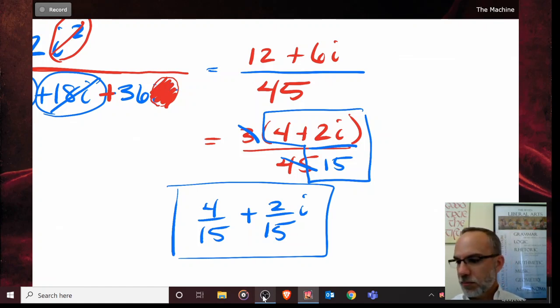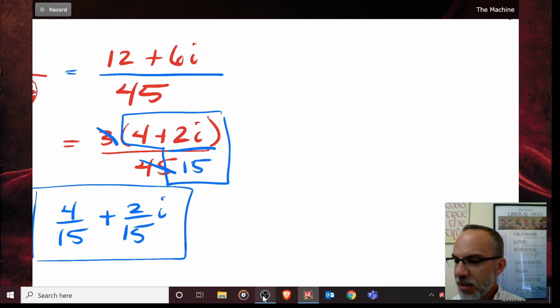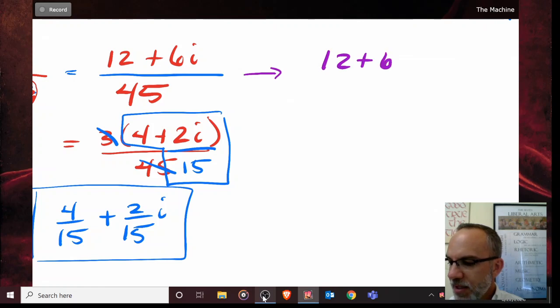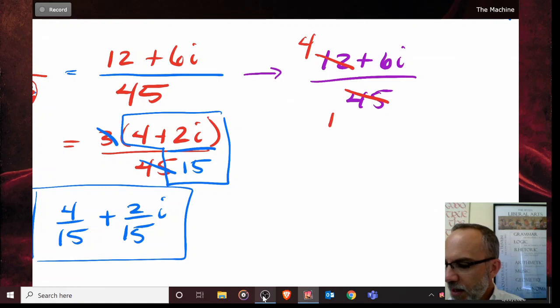Caution. Let me talk about some illegal canceling here, because I bet somebody up here wanted to do this. Somebody wanted to take 12 plus 6i all over 45 and say, oh, the 12 and the 45 cancel with 3. That leaves you a 4 there and a 15 there.